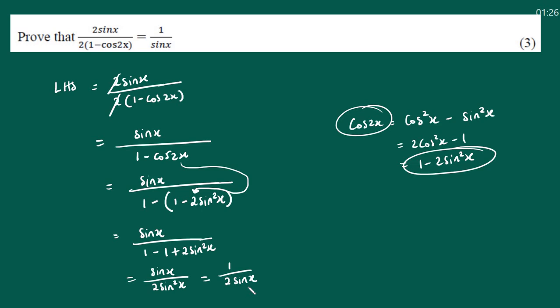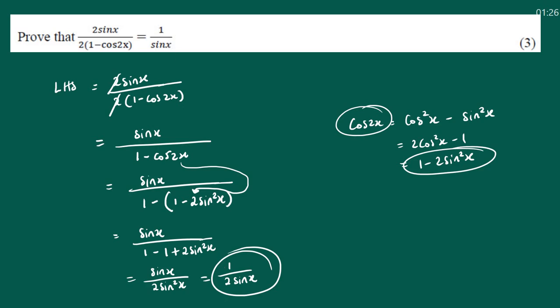Then in that case, it should be sine, unless maybe we did something wrong there. 1 minus 2 sine squared x plus 2... no other way. It should be like this. It should be 1 over 2 sine x.